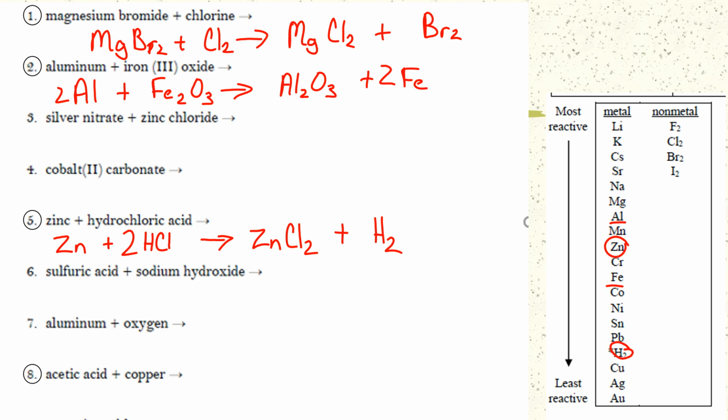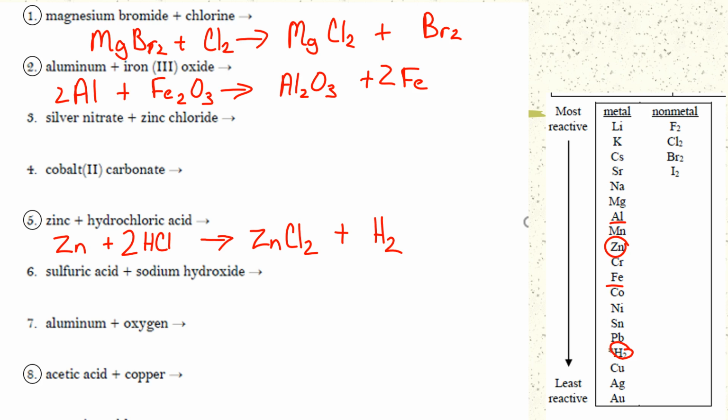A +1 and a +3. So that means I have 2 variations for gold. For iron, I have 2 variations. For manganese, I have 4 different opportunities for different charges. So those I have to use Roman numerals for. The ones that only have 1 charge, I don't ever have to write a Roman numeral when I'm writing the name.